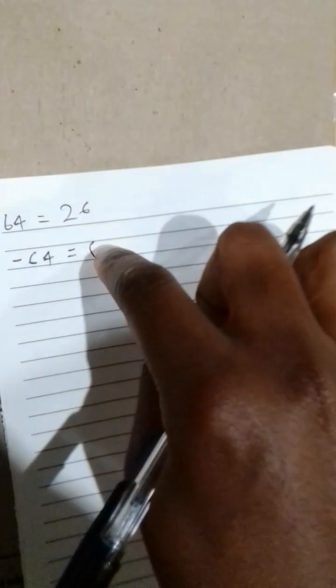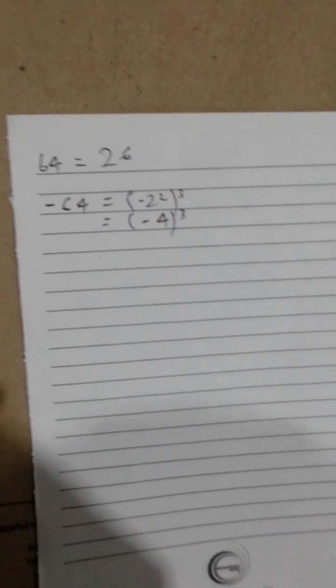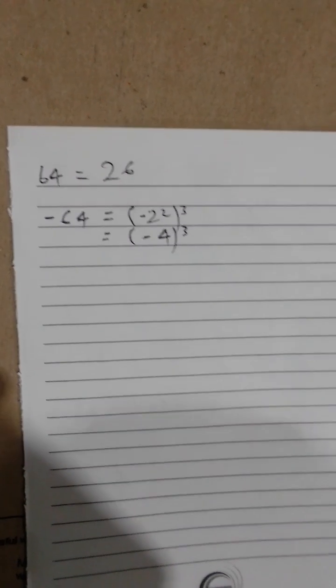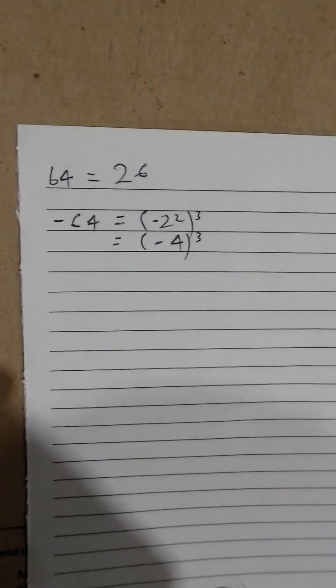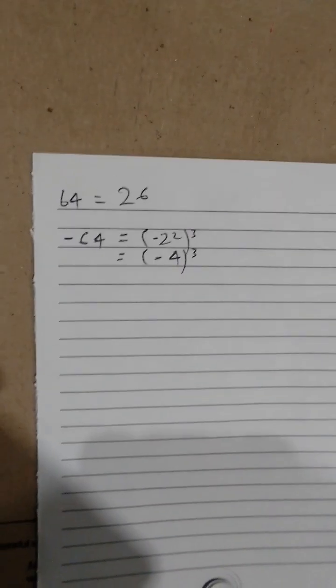So it means it's going to be negative 2 squared to the power of 3. What is negative 2 squared? It's negative 4 to the power of 3. So we can write negative 64 as negative 4 times negative 4 times negative 4.